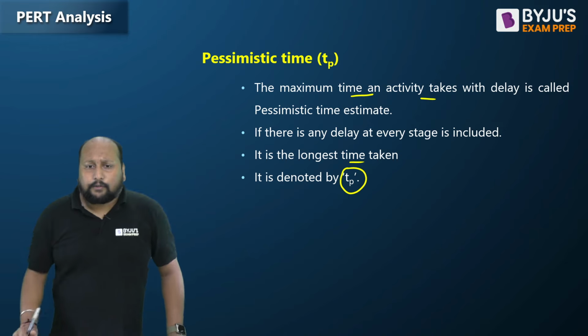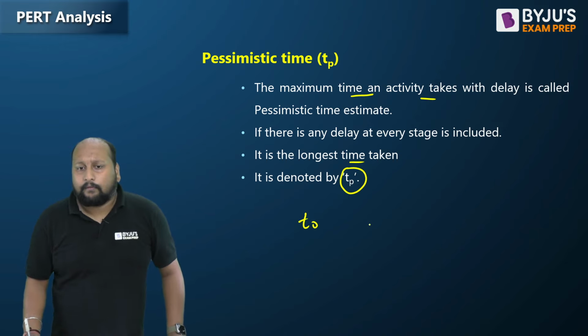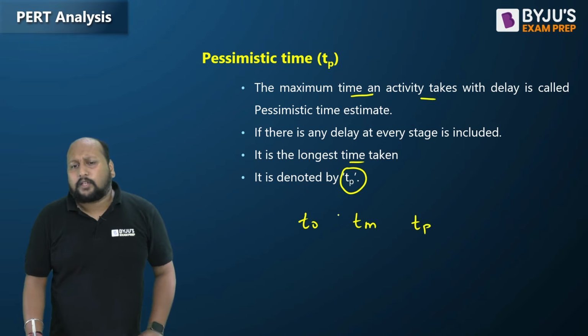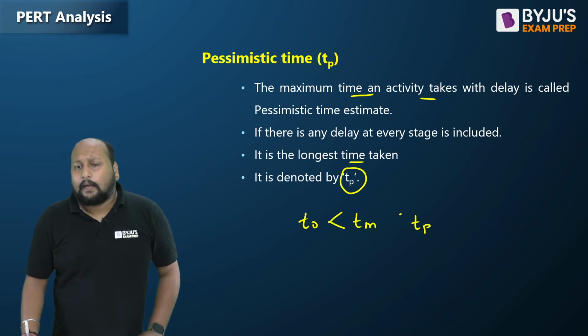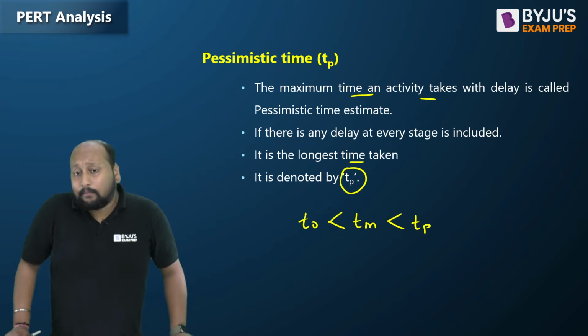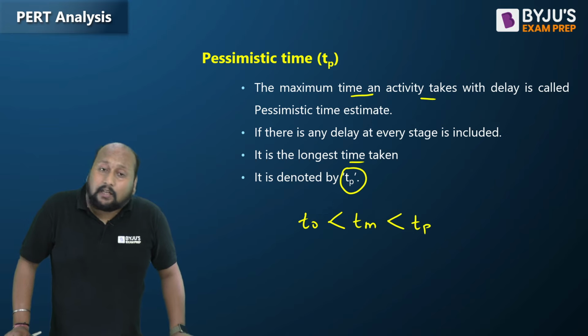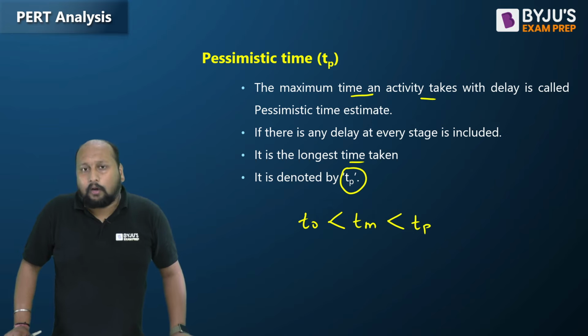So now we have understood that we have optimistic time, most likely time, and pessimistic time. And if I talk about the hierarchy, optimistic time is the least possible time and pessimistic time is the maximum time an activity will take to complete, which includes all the delays or all the unfavorable conditions, right?